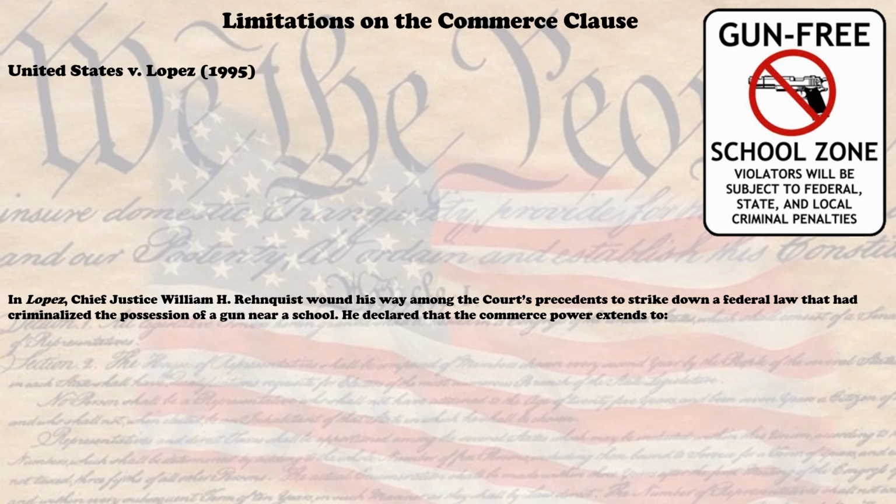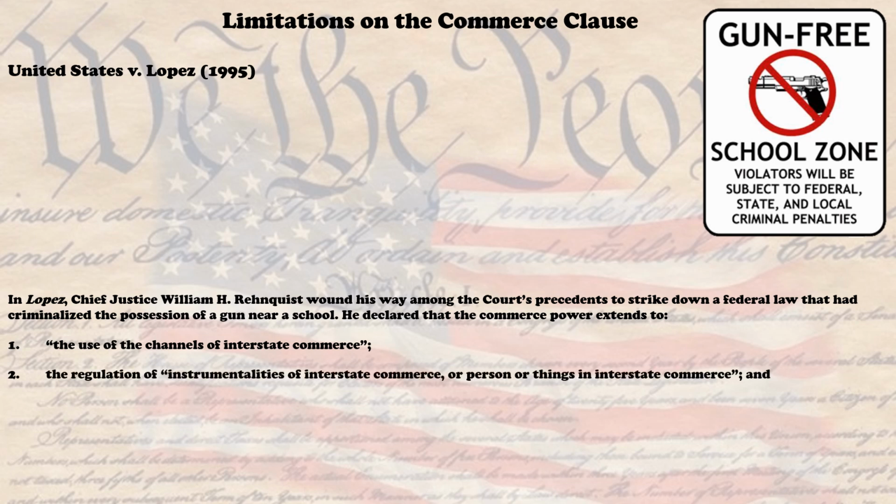In Lopez, Chief Justice William Rehnquist wound his way among the court's precedents to strike down a federal law that had criminalized the possession of a gun near a school. He declared that commerce power extends to: 1. The use of channels in interstate commerce. 2.